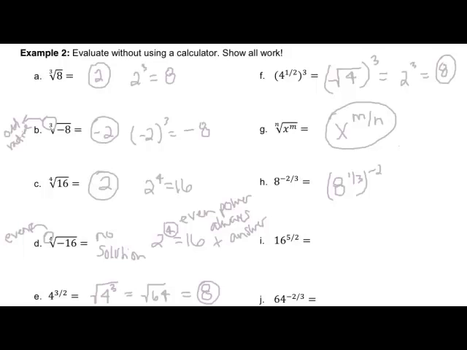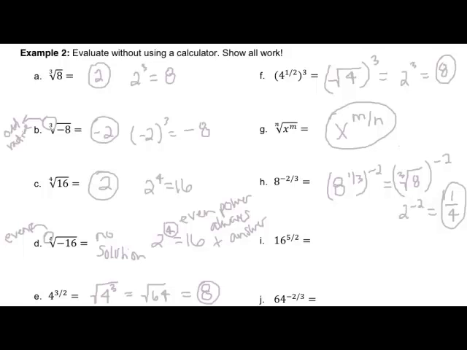Now 8 to the 1/3 is the cubed root of 8, and then all of that is raised to the -2 power. Now we know that the cubed root of 8 is 2, so this is 2 to the -2nd power. We know when we have a negative power, that gives us our reciprocal, or we flip it. So this becomes 1 over 2 squared, and we know that 2 squared is 4, so this is 1/4.